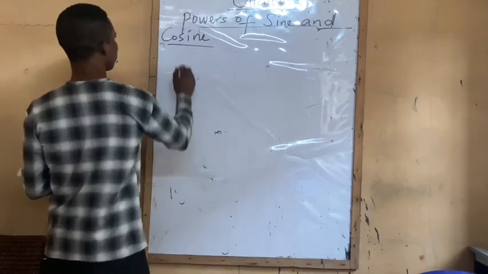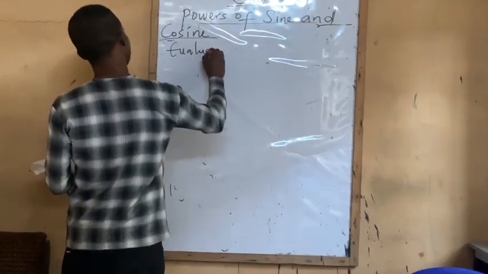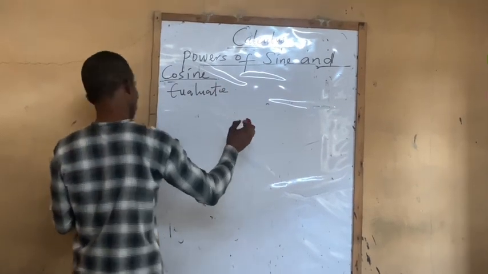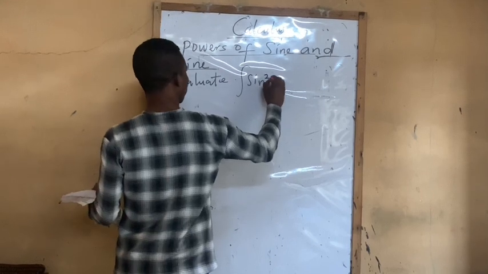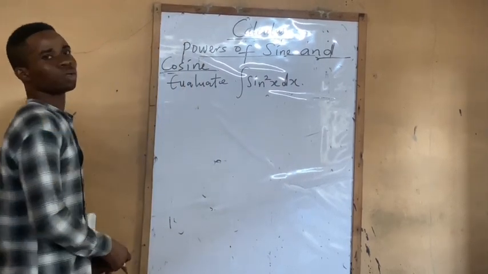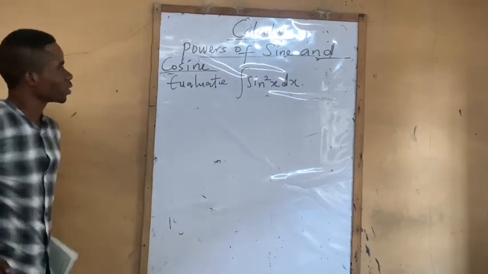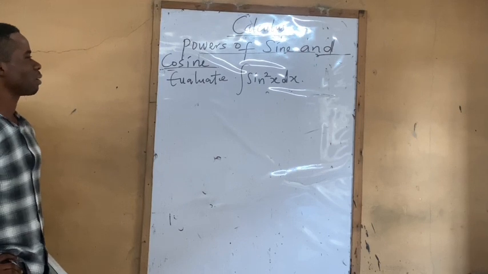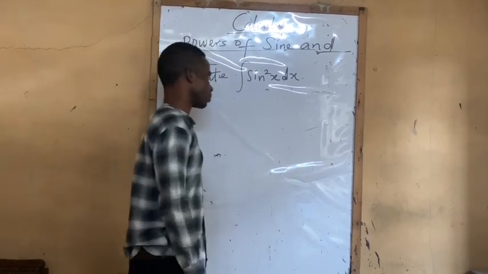Now, evaluate the integral of sine square x dx. Now, I want to talk about the power of sine and cosine. We are given that we should evaluate the integral of sine square x dx. How do we do this?